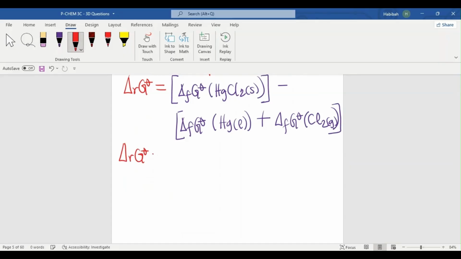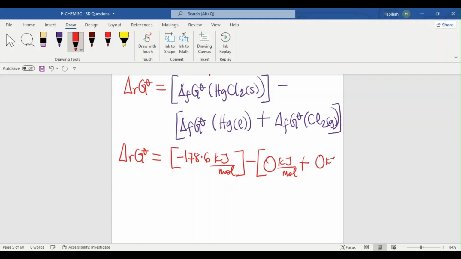The Gibbs energy of formation for HgCl2, according to the resource section of our textbook, is negative 178.6 kilojoule per mole, minus the Gibbs energy of formation for Hg, which is mercury liquid, at 0 kilojoule per mole, plus Cl2, whose Gibbs energy of formation for chlorine gas is also 0 kilojoule per mole.